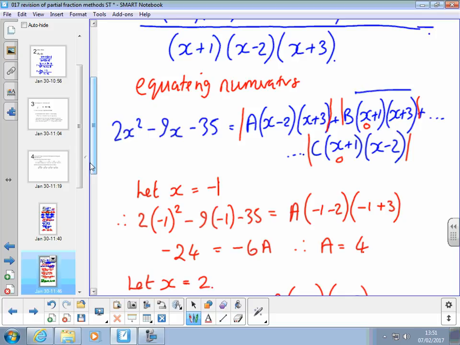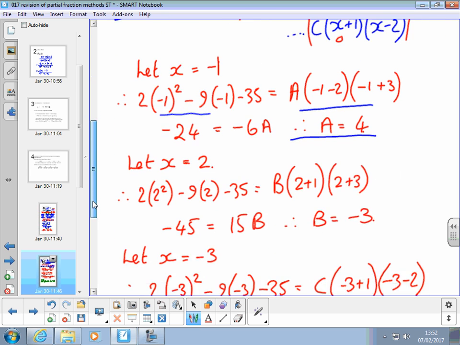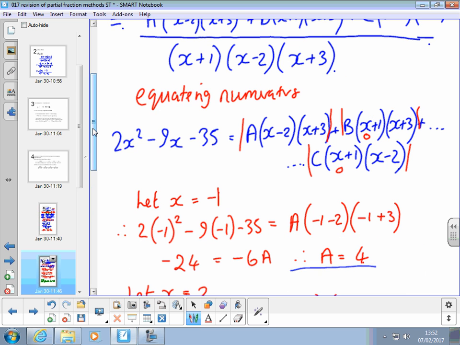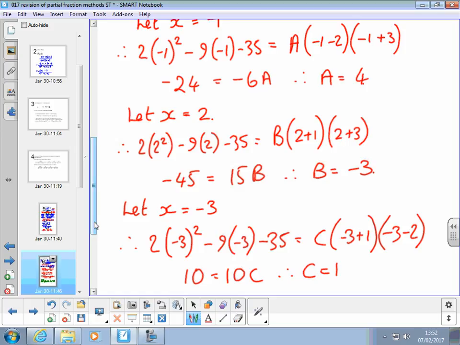That eliminates the B term and the C term, and we can substitute x equals minus 1 in and determine the value of A. Then let x equal 2, which eliminates that term and that term, and therefore we can use that to find B, which is equal to minus 3.